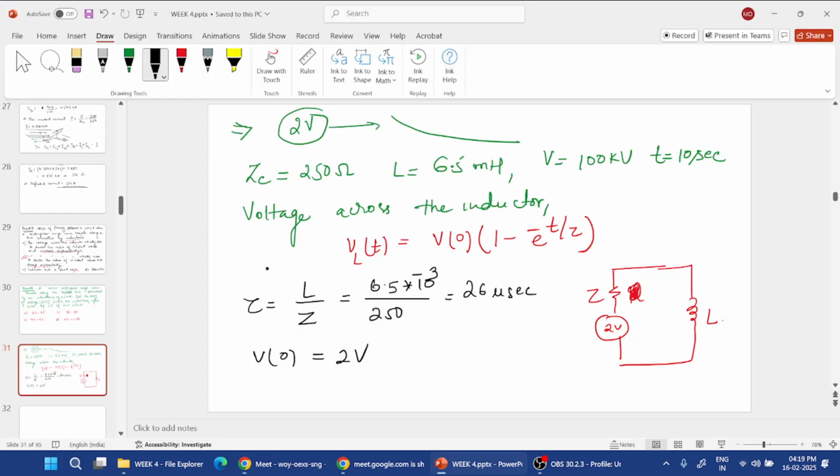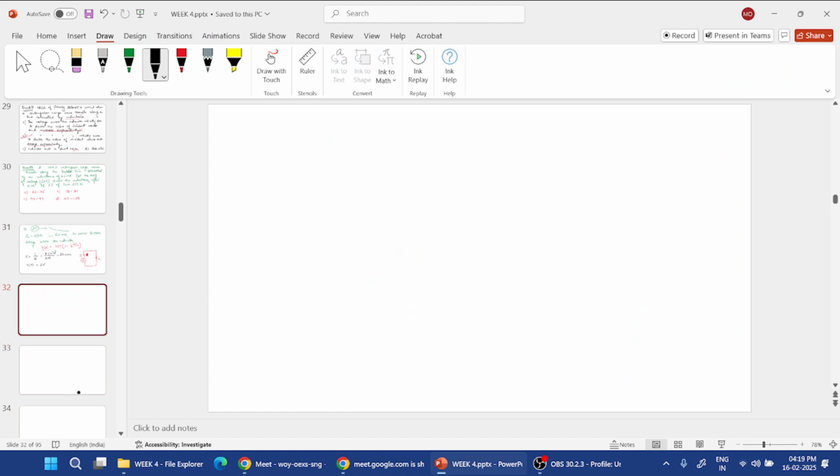So VL(t) is equal to 2V. V is already given as 100, so I'm writing 100 directly: 200 times (1 minus e to the power minus t by tau), where tau is 26 microseconds.